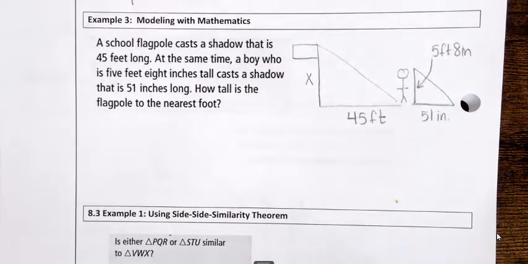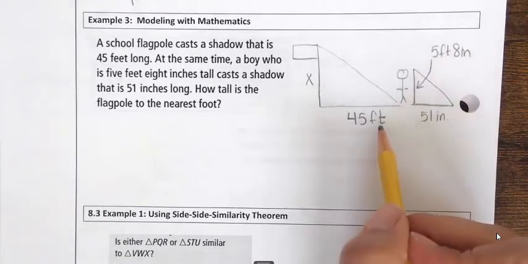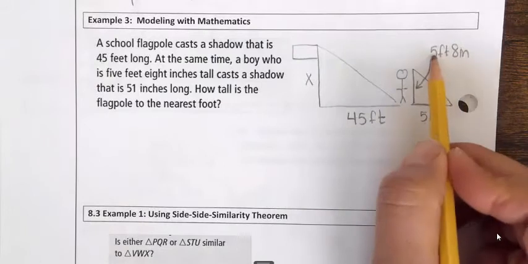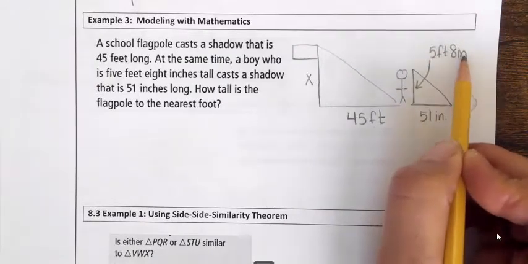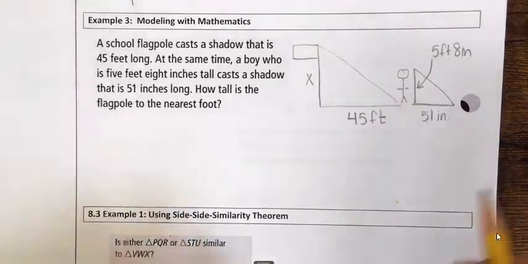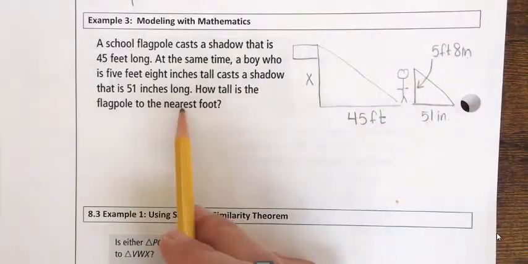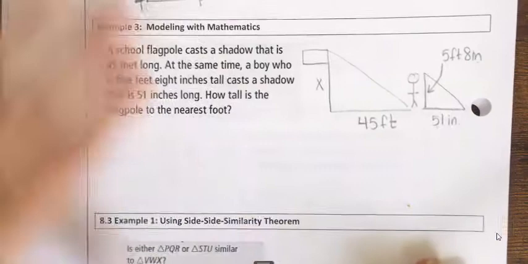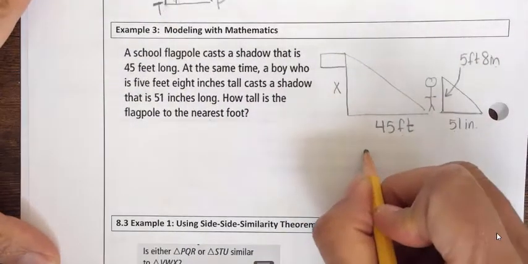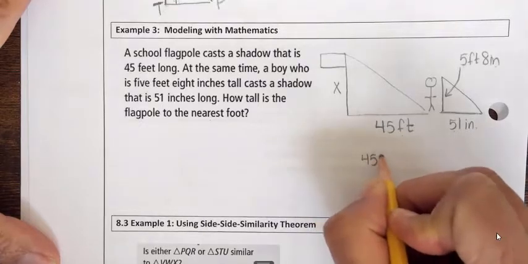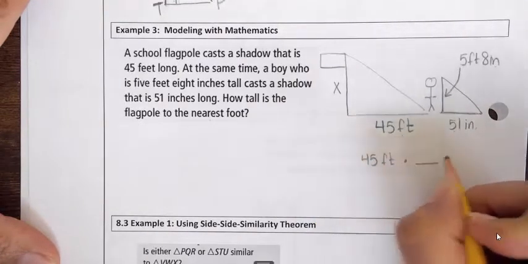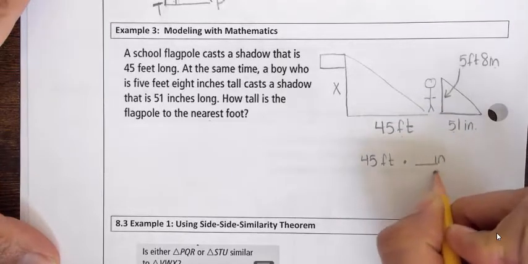So I have a couple ways of doing this. Notice I've got different units though. This is in feet, this is in inches, this is in feet and inches. I think it's going to be easier if I just convert everything into inches, and then I'll come back and convert it back to feet. So to convert to inches, if I start with 45 feet, I'm going to multiply by however many inches are in a foot.